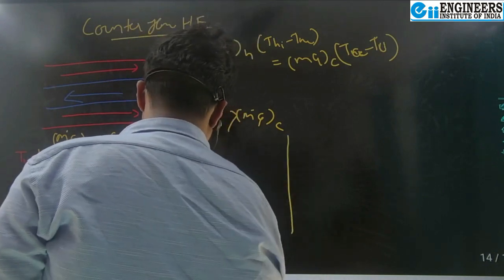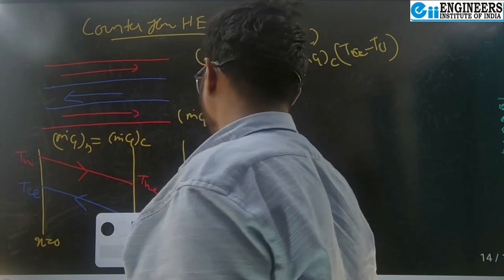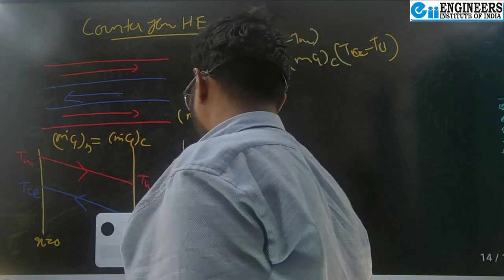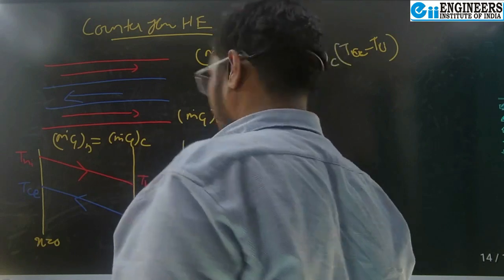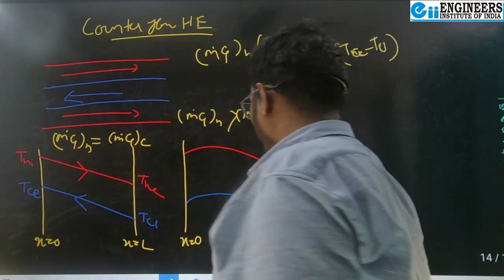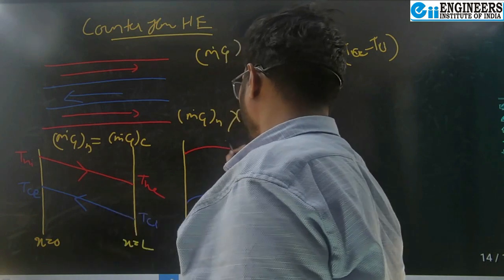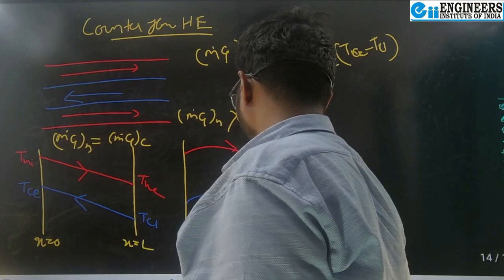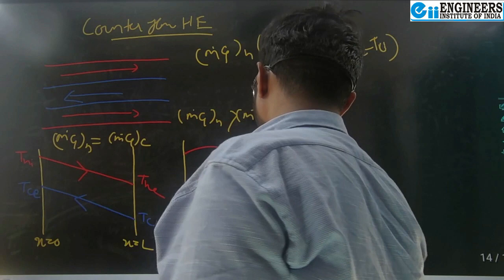For the system from x equals 0 to x equals L, you will find the curve is somewhat parabolic in nature, and here it is convex up. Here, if the cold fluid is flowing, sorry, I made a mistake over here. Here, what will happen? The cold fluid path is in the opposite direction.